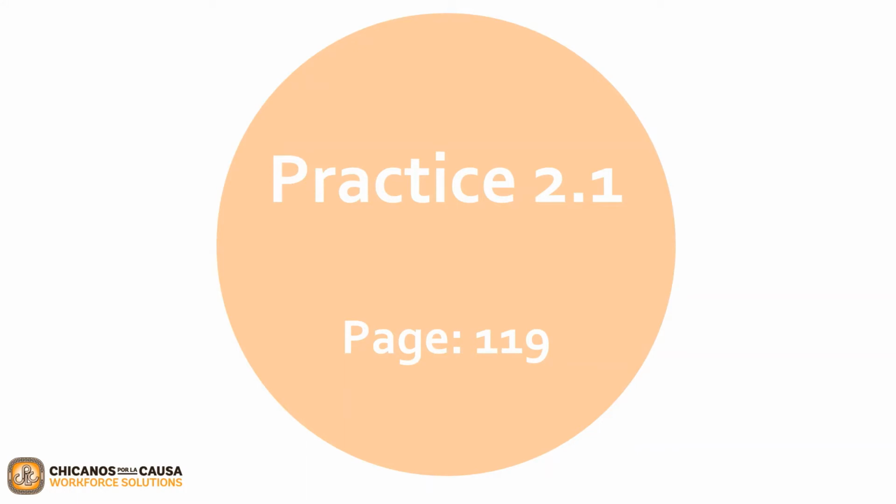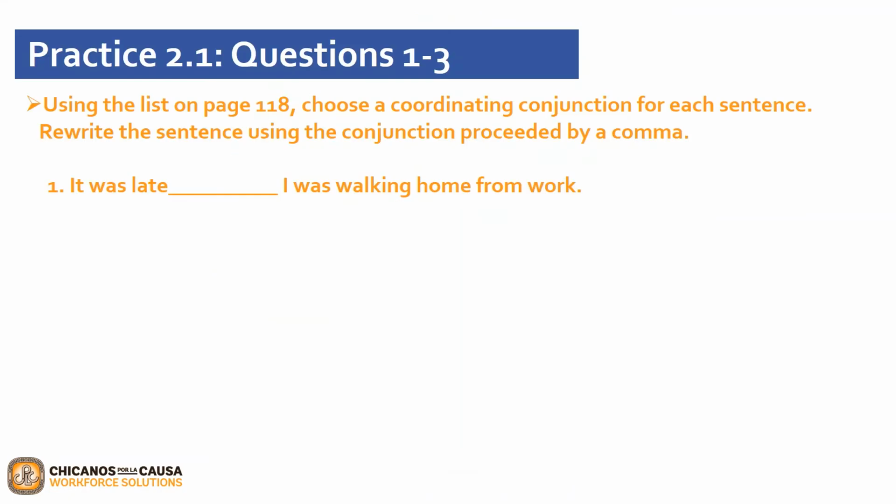Now that we've gone over compound sentences with some examples, let's move on to practice 2.1, found on page 119. For these next three questions, please make sure that you use the list on page 118 and choose a coordinating conjunction for each sentence.